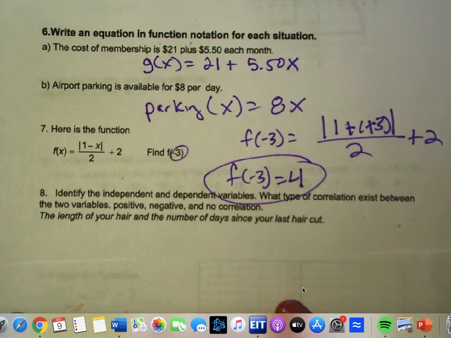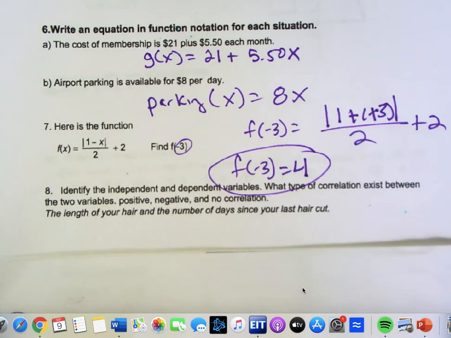Number 8, identify the independent and dependent variables. What type of correlation exists between the two variables? Positive, negative, or no correlation? Okay, the length of your hair and the number of days since you last cut it.